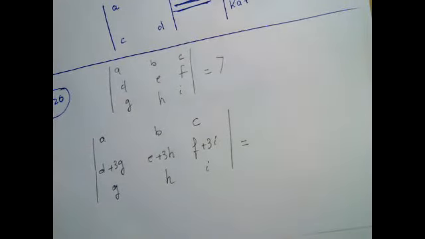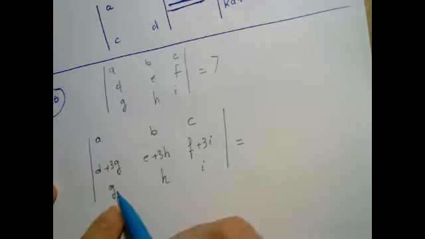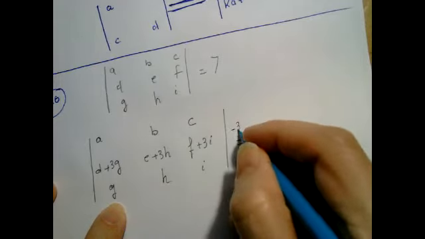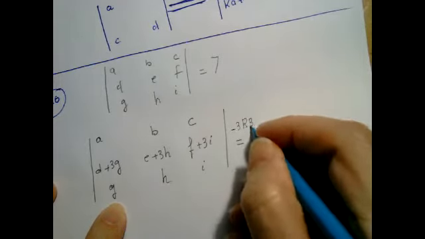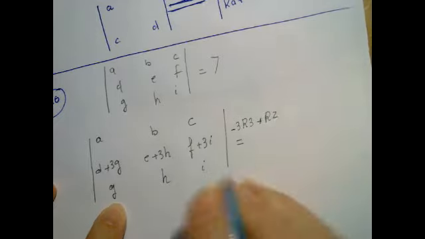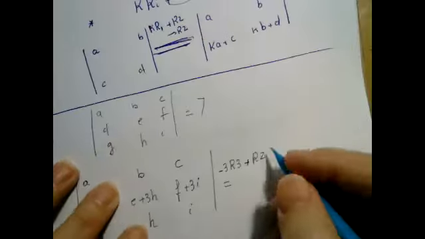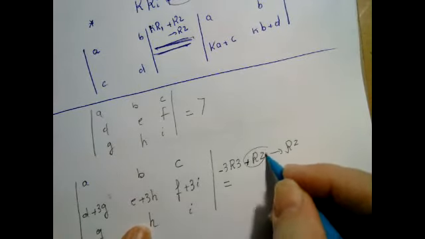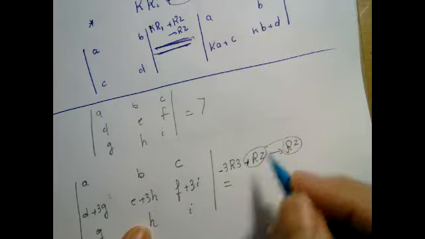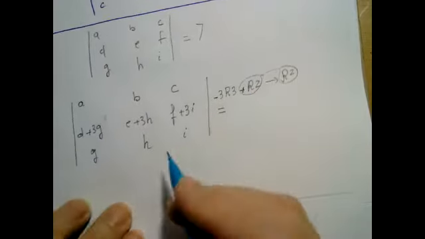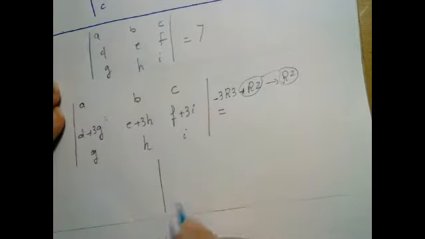So now if we look very carefully here, I take the third row, multiply it by -3, and add it to the second. So I'm still here, and this will become my second row. This one should not be changed. This should be exactly that one. This operation will not affect the determinant. And why did I do that?